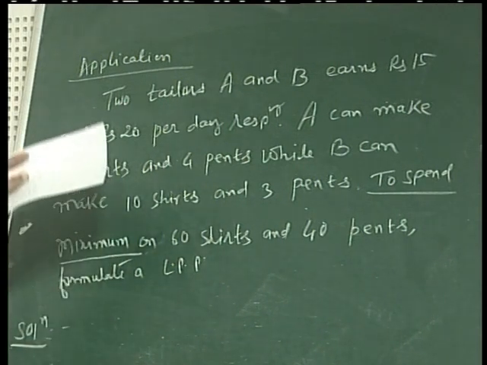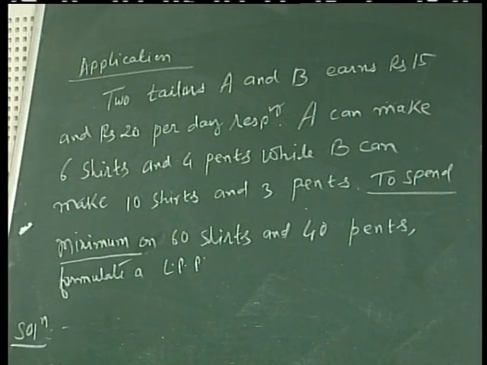Now where do the expenditure figures appear in this data? They are there but written in a very smart way. It says that tailor A earns rupees 15, but the person who is giving him the order to make the pants and shirts is the one spending.